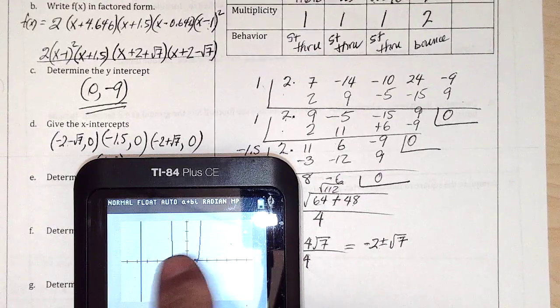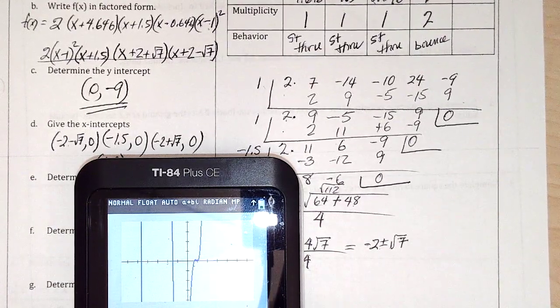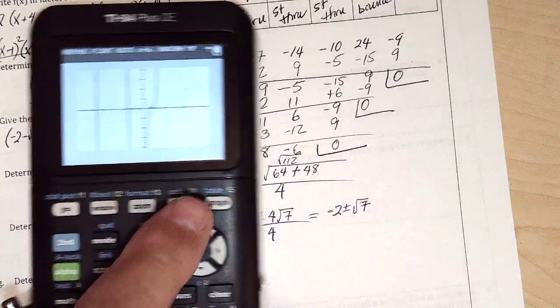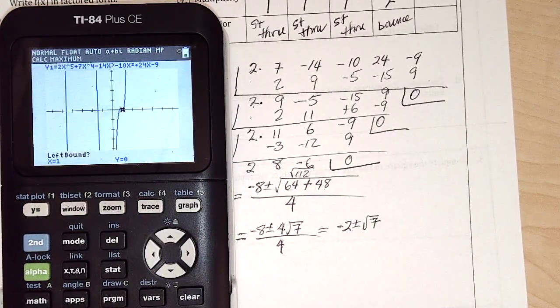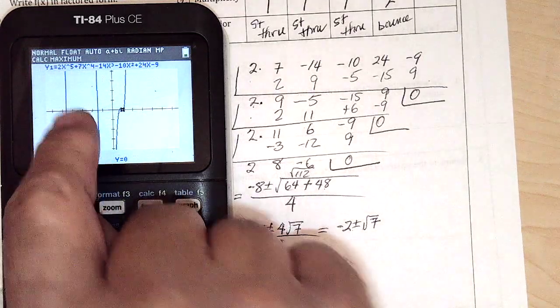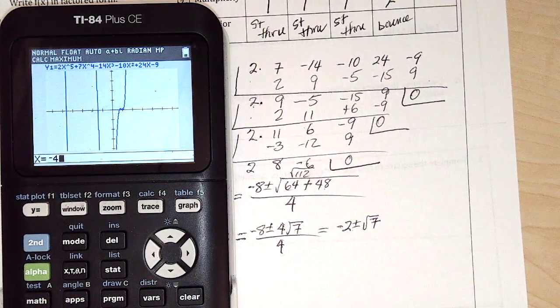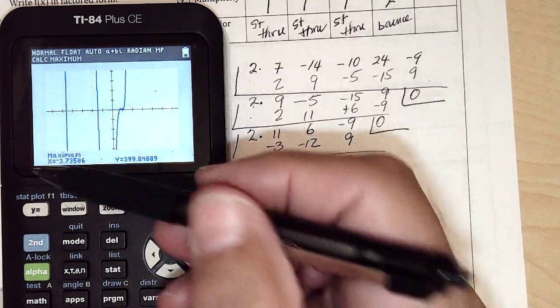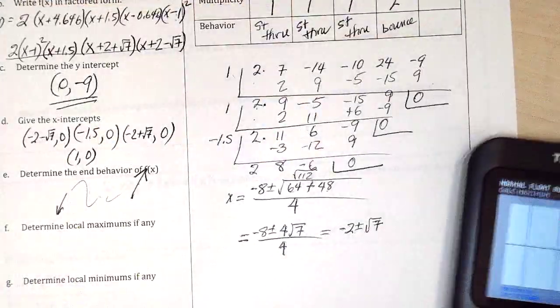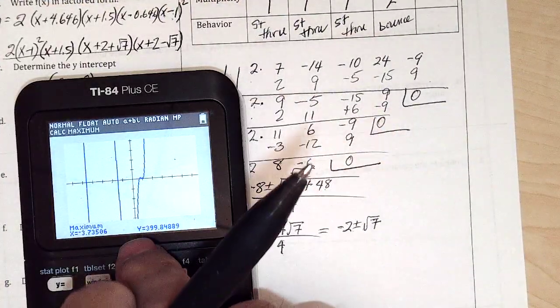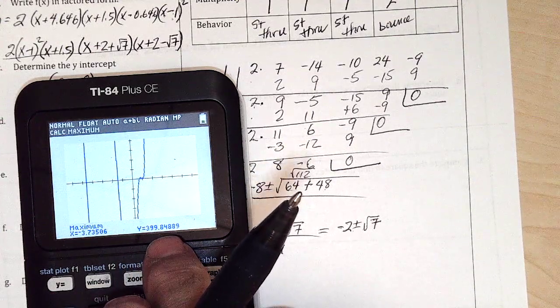So I'm going to use my calculator's ability here. I'm going to push second, calculate the maximum. That's between -4 and -2. And I'm going to say maybe it's at -3, and it says, no, -3.74. But the maximum is 399.85.